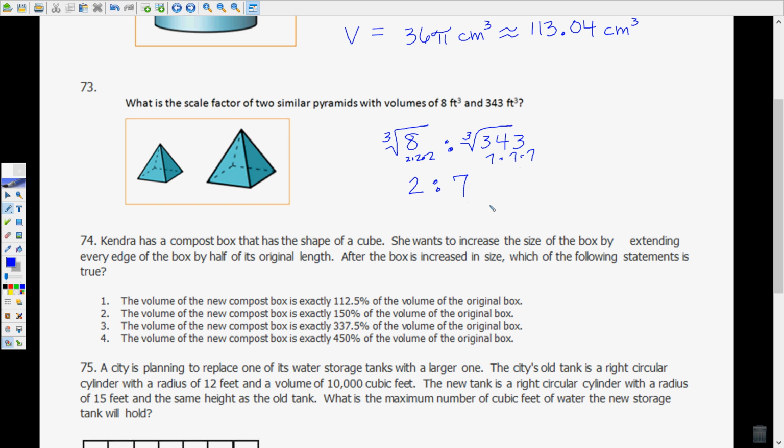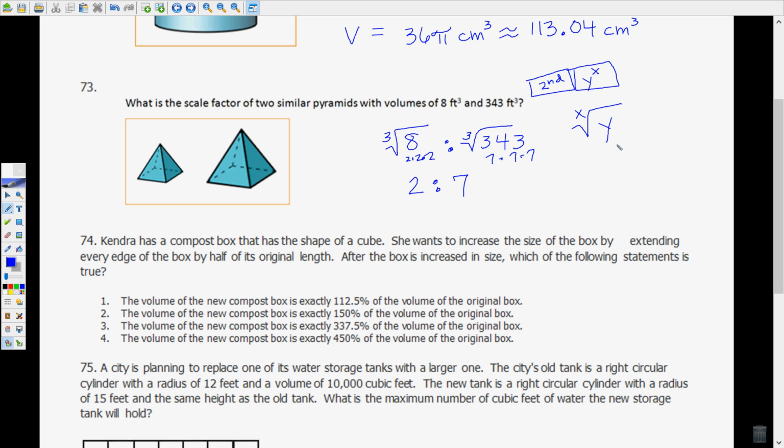There is a button on your calculator that you'll be able to use for the test that looks like this. And it is behind the y to the x button. So you would hit the second button and then the y to the x button, and you can find the cube root.